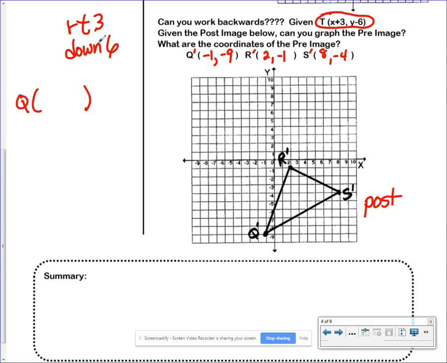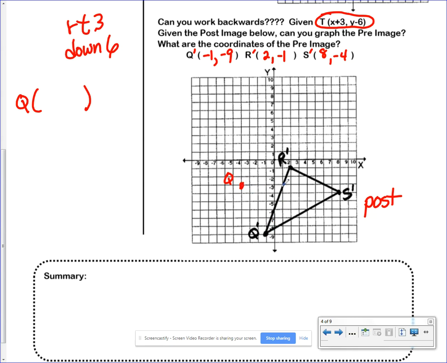So can you go backwards? In other words, instead of going right 3, go to the left 3 and go up 6. 1, 2, 3, 4, 5, 6. I think this is where Q had to start, because if I started here and I went to the right 3, down 1, 2, 3, 4, 5, 6.